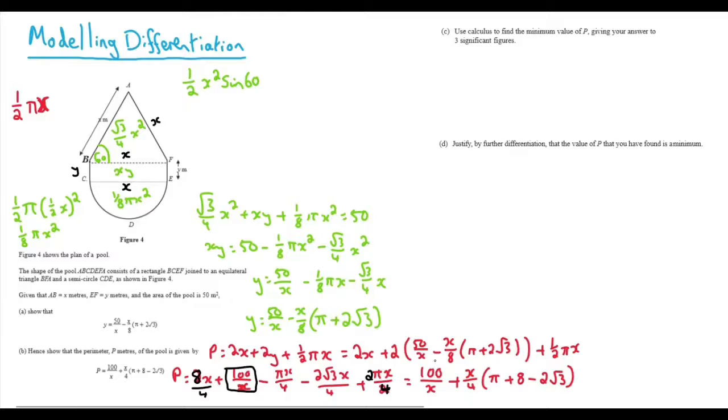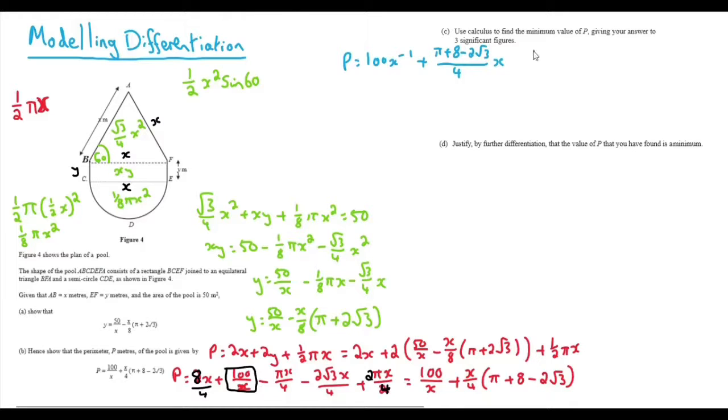Here though, if first of all we actually just rewrite this p expression slightly, we'll say that p is 100x to the minus 1, because x being a denominator is the same as that power, and then what we can say is that this would instead be the pi plus 8 minus 2 root 3 over 4 lots of x, just to get all the numbers together as a coefficient in front of that x.